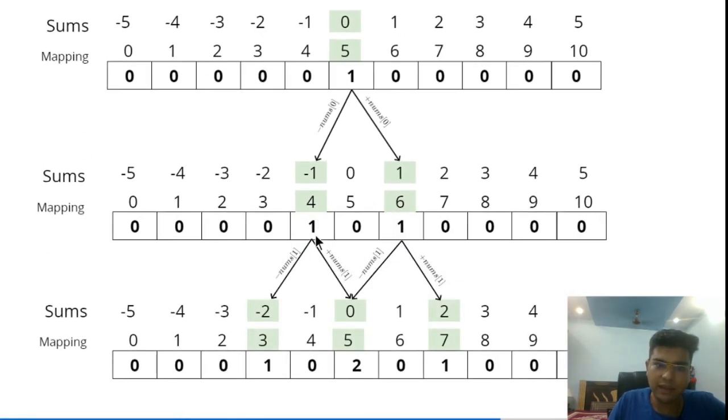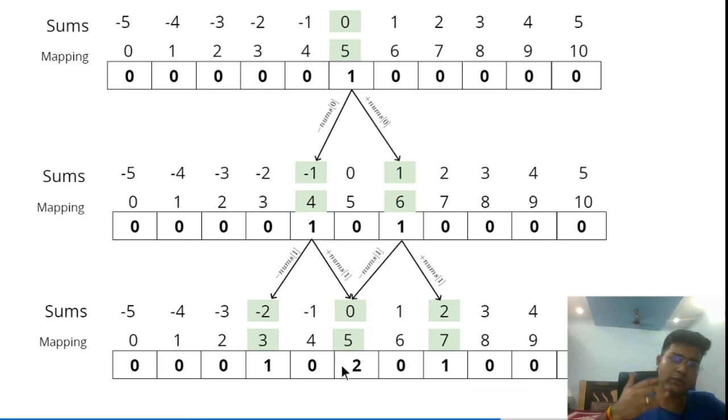So I'll again subtract and add nums at index 1 and nums at index 2 for these particular cases, and carry forward the frequencies that I have. So for this the frequency will become 1, for this the frequency will become 1, and for this the frequency will become 2. I'm adding the frequencies over here, if you see. So I'll add the frequency which I've calculated here to these numbers, and it will become 2.